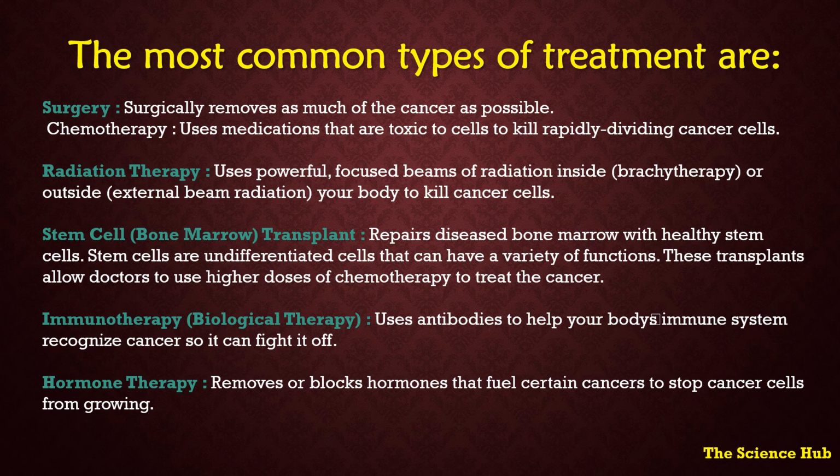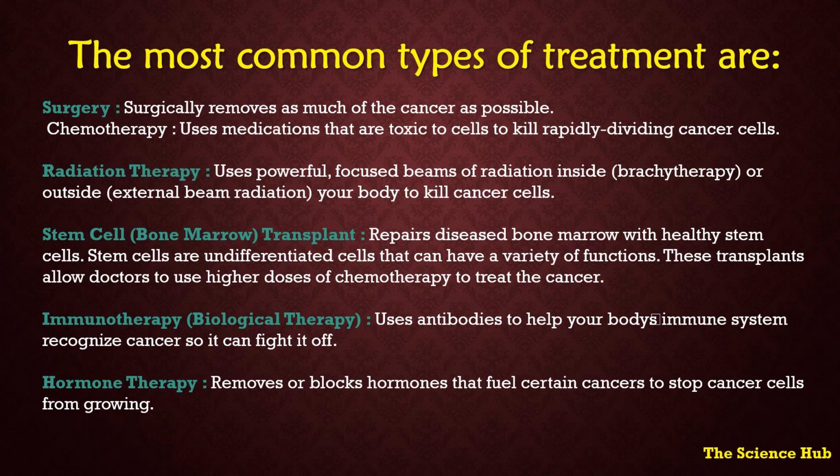Then comes the stem cell transplant, that is bone marrow transplant. Here, it repairs diseased bone marrow with healthy stem cells. Stem cells are undifferentiated cells that can have a variety of functions. These transplants allow doctors to use higher doses of chemotherapy to treat the cancer.